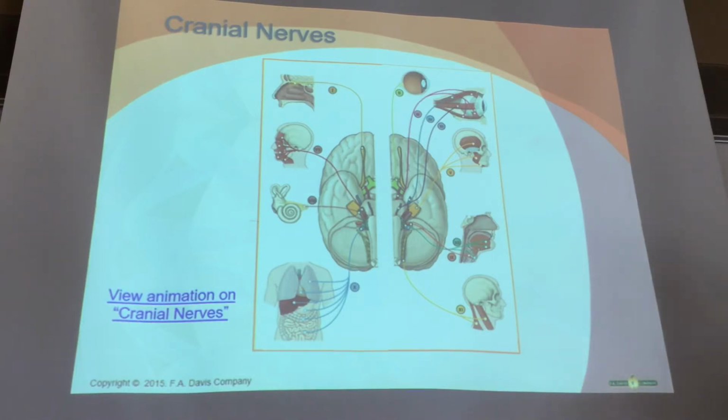And so is this sensory, motor, or both? Both. Good. I'm going to say it has 3 branches, and it's responsible for your facial and jaw muscles.